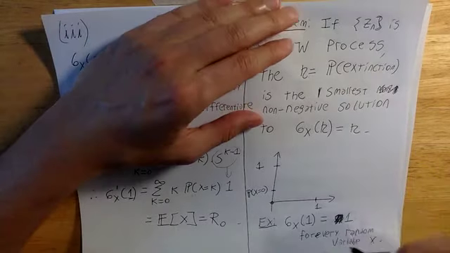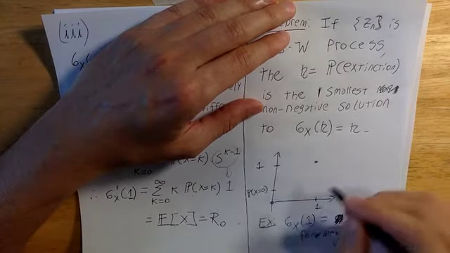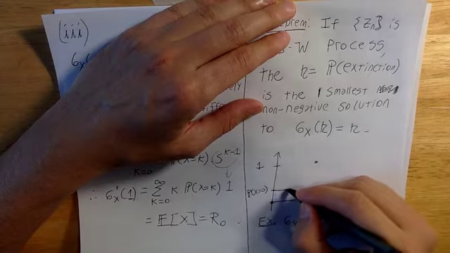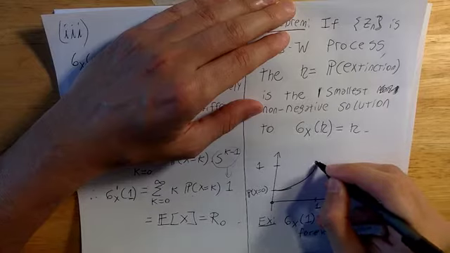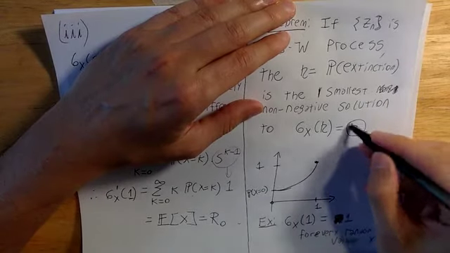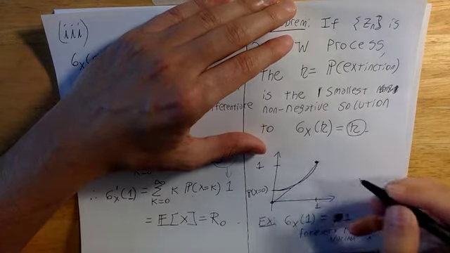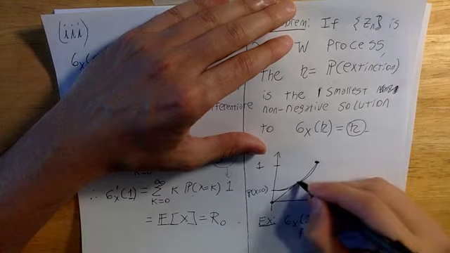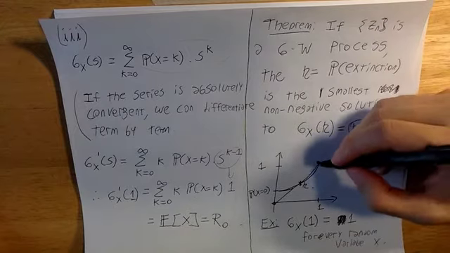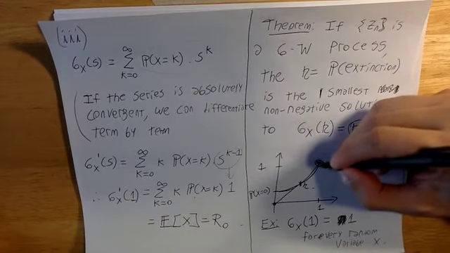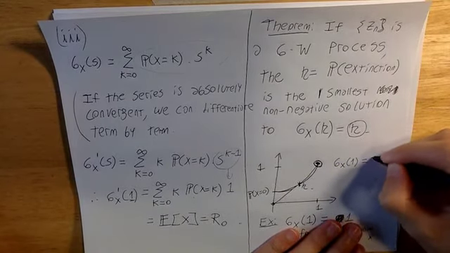What we are going to have is that g_X is an increasing convex function going from here to here, and eta is going to be the smallest solution of g(eta) equals eta. There is always going to be a solution, which is g_X of 1 equals 1.